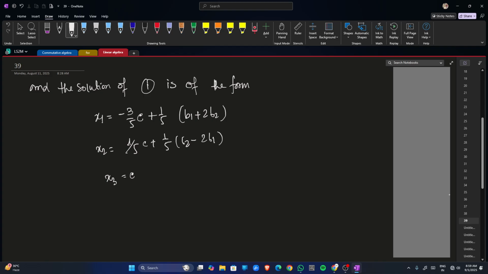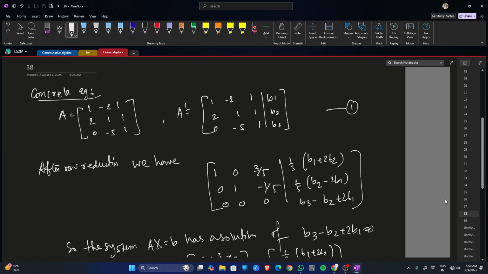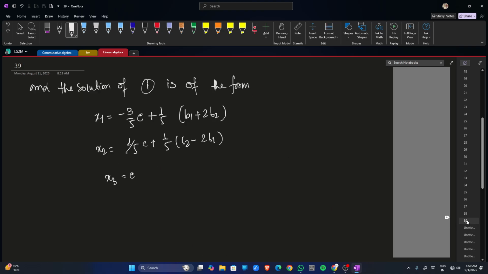Put these values into this matrix, you will get this matrix. So this shows that you have a solution.